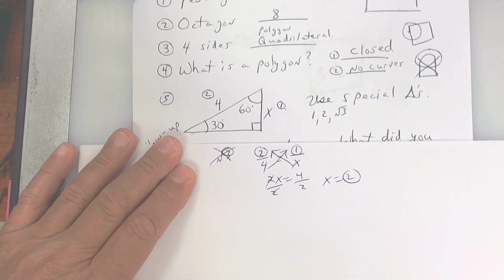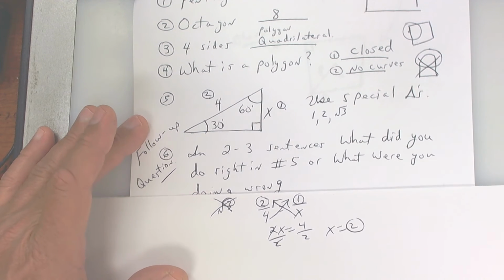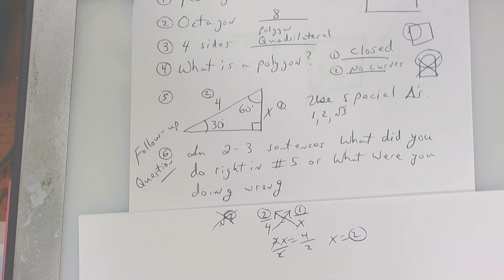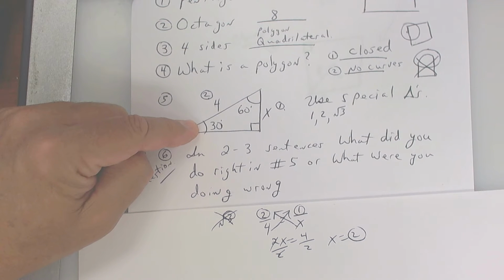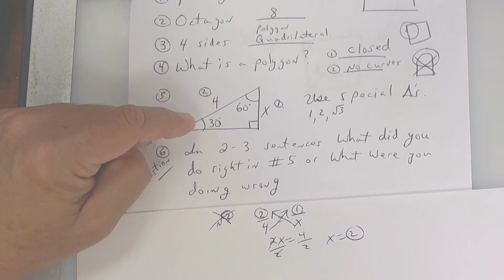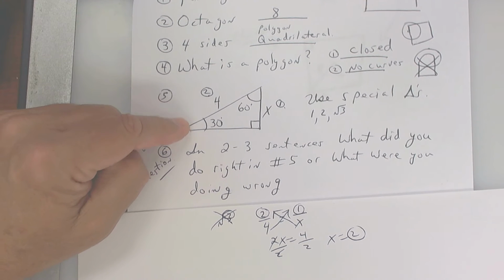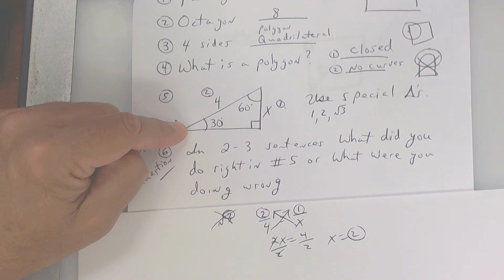All right, before you put away your bell work, let's have a follow-up. I want you to write in about 2 to 3 sentences what you did right, what you did wrong, and if you can't think of anything else, what someone else might have done to miss this problem. Okay? All right, and maybe any cautions as well.